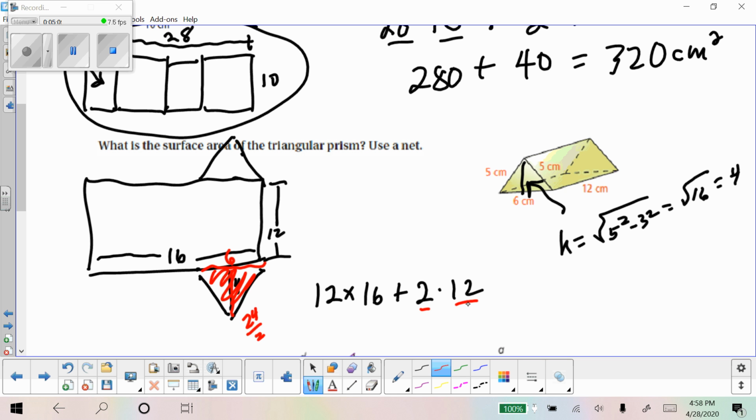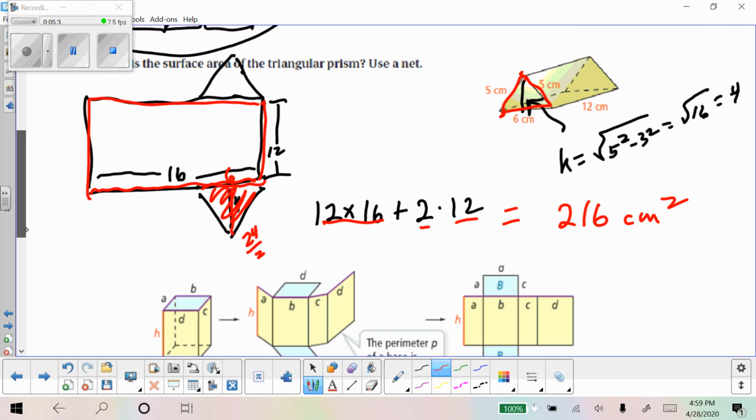And then the lateral area, the length is 16, which is the perimeter of this base, and the height is 12. So 12 times 16. Anyway, if you did all that correctly, you should have got 216 square centimeters.